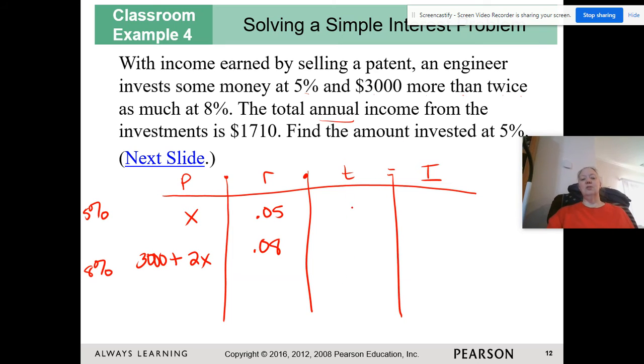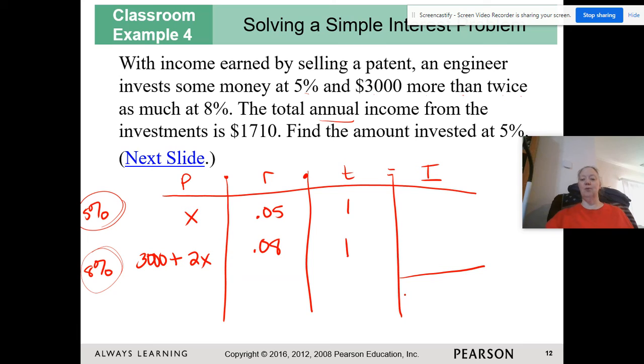Annual, so that would be for 1 year. And we end up with a total of $1,710. So the interest that we earn in this account plus the interest that we earn in this account is going to give us a total.